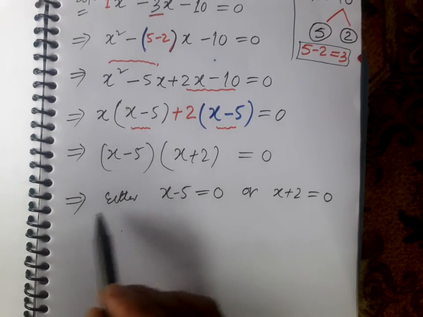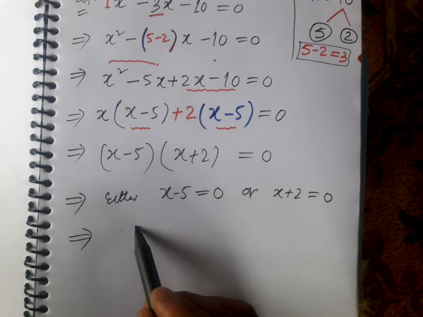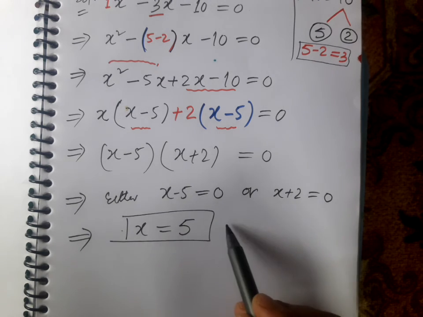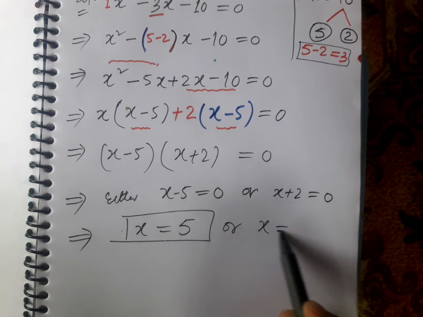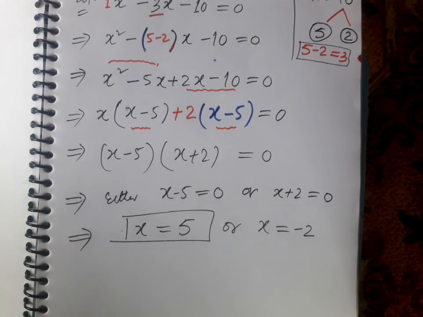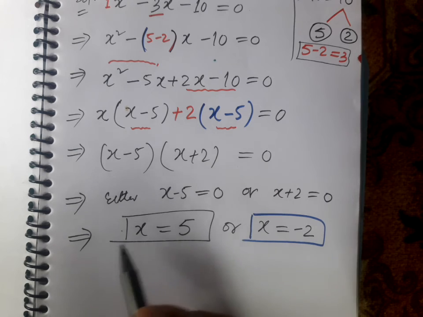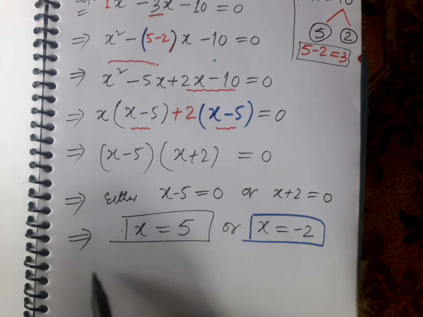This further implies that x is equal to 0 plus 5. By transposing 5 to the right hand side, we get x equal to 5, or x is equal to minus 2 by transposing 2 to the right hand side. So these are the zeros of the given quadratic equation.